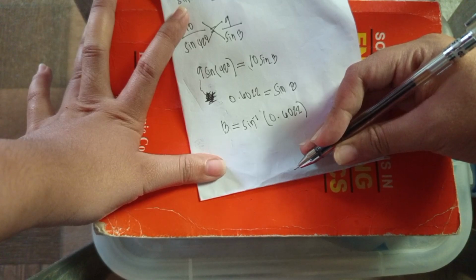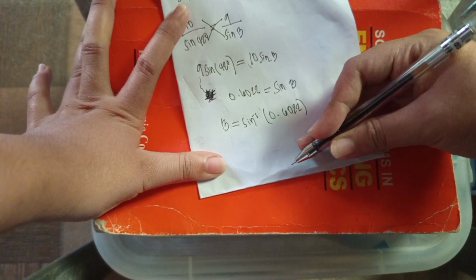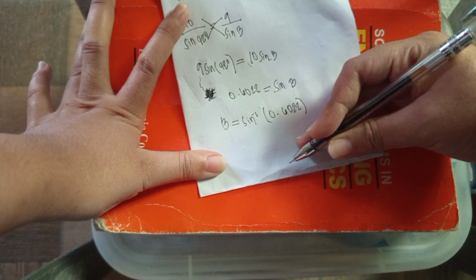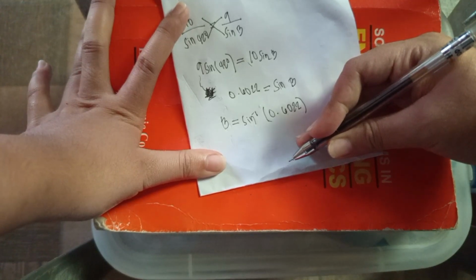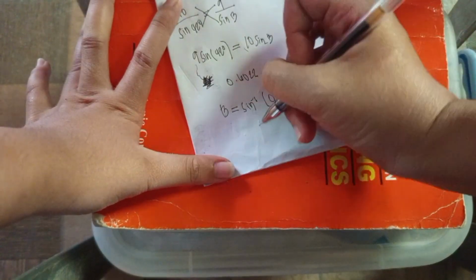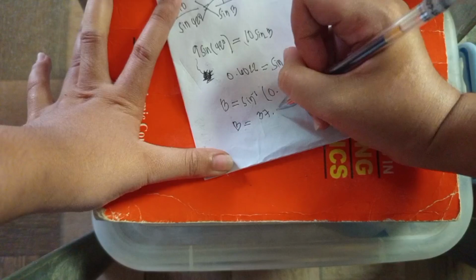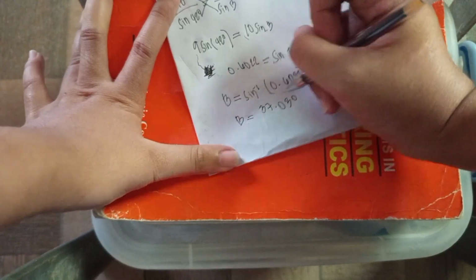Angle B could also be 180 minus 37.03, which is equal to 143 degrees.